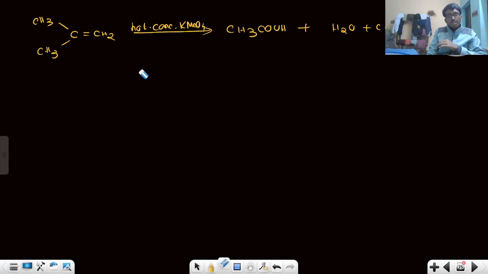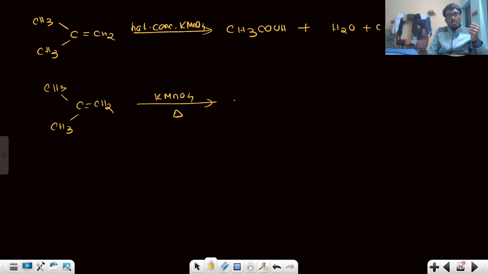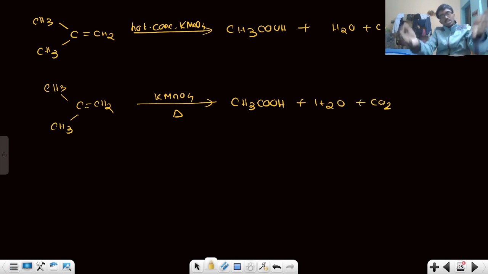Okay. Clear? Done. Another reaction you can take, suppose you are taking CH3, CH3 on both sides of the double bond, same reaction. If I use KMnO4 and heat, then I will be getting CH3COOH plus H2O plus CO2. So just both the reactions are the same.